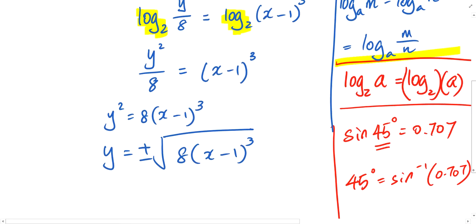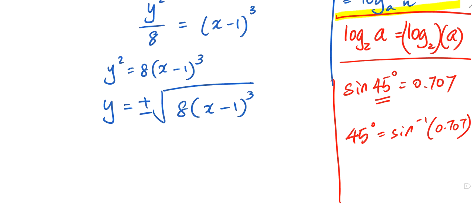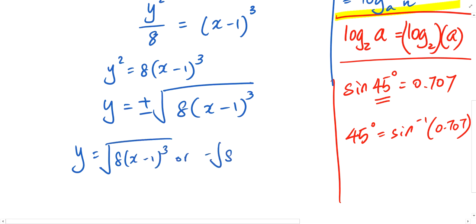Cannot have logarithm of a negative number. Okay? So y equals root of 8 times x minus 1 power 3, or negative root of 8 times x minus 1 power 3. This one is rejected.